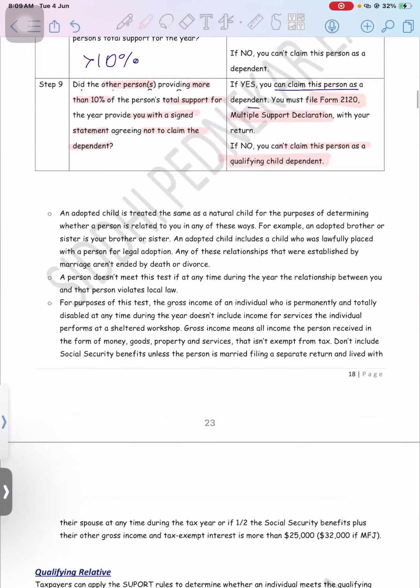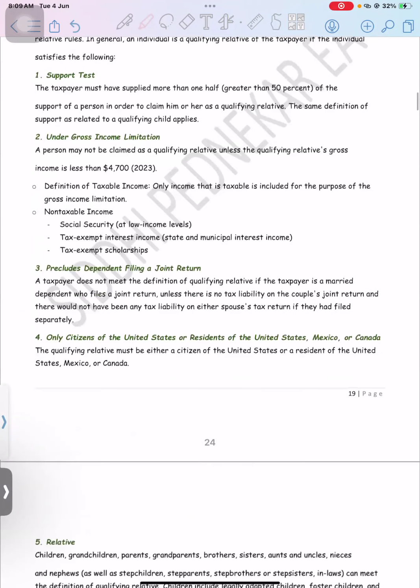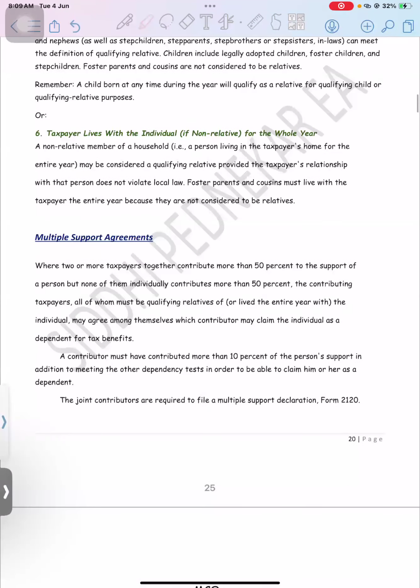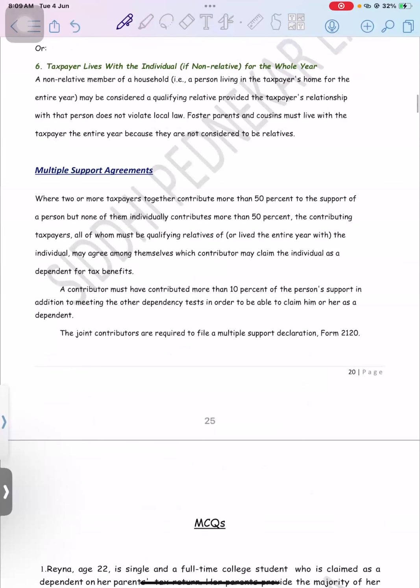Got it, guys? Now, just remember one thing. It will be mentioned over here. Yeah, multiple support arrangement. Here you can see where two or more persons are contributing more than 50% to the support of the person, but none of them individually contributes more than 50%. All of the contributing taxpayers must qualify as a qualifying relative. Okay, everyone can take a qualifying relative.